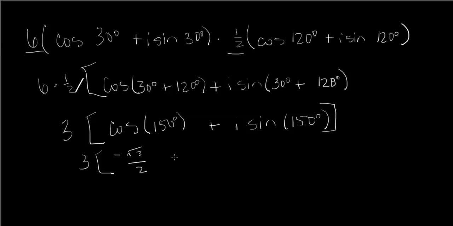The sine of 150 degrees is 1/2. And if I distribute my 3, I have 3 times negative square root of 3 over 2 plus 3i over 2.